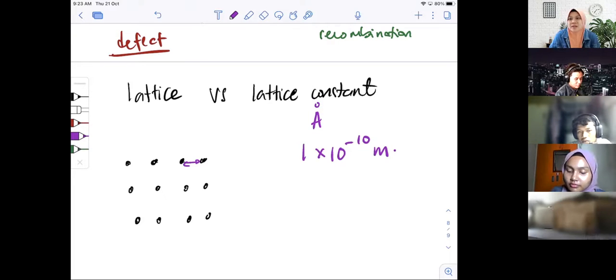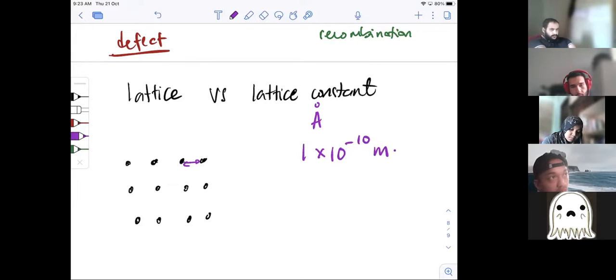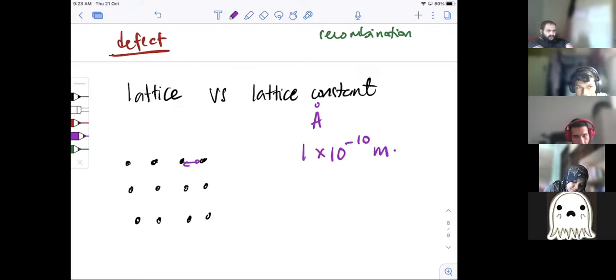Who hasn't spoken yet? Today who are very quiet? Faris, do you think it's important to know the lattice constant? Yes. Why?